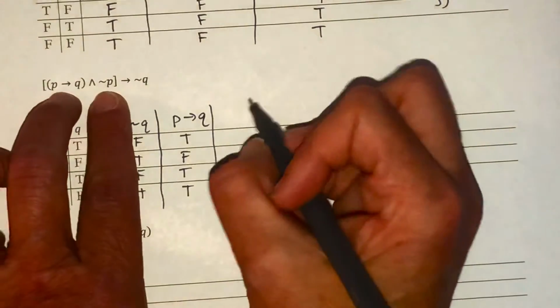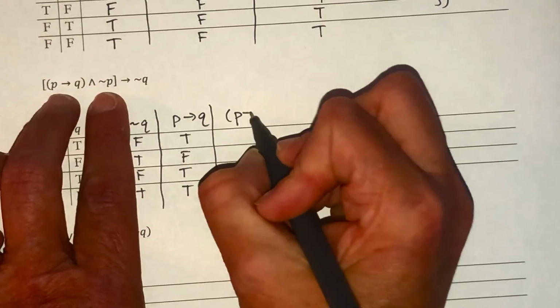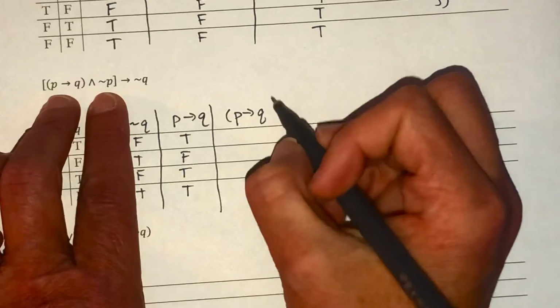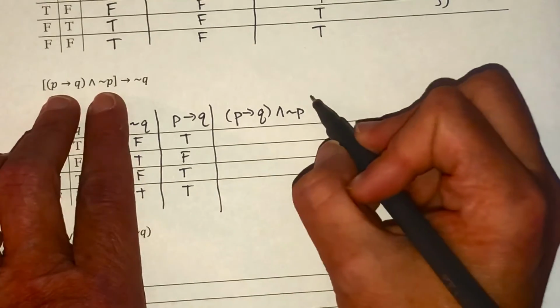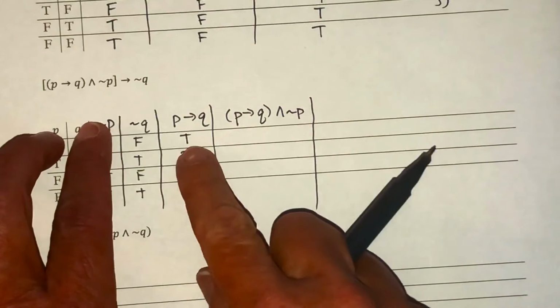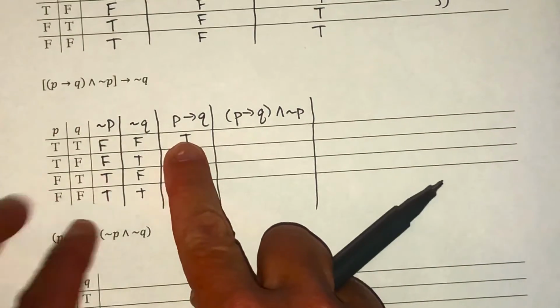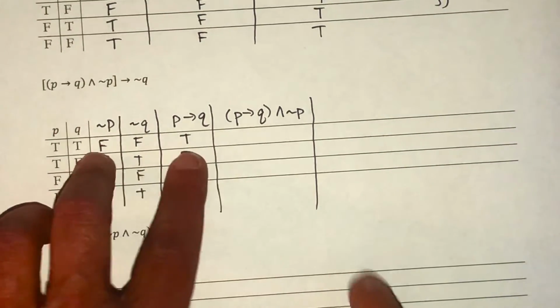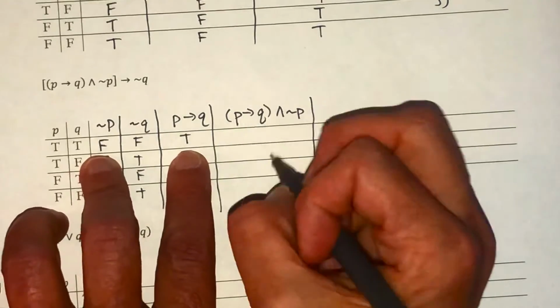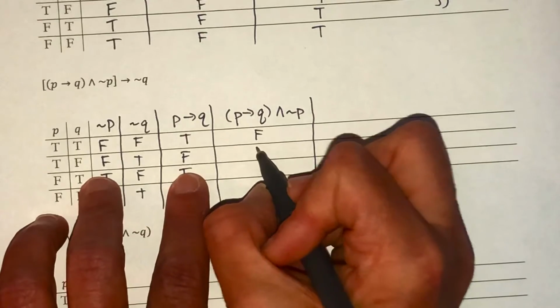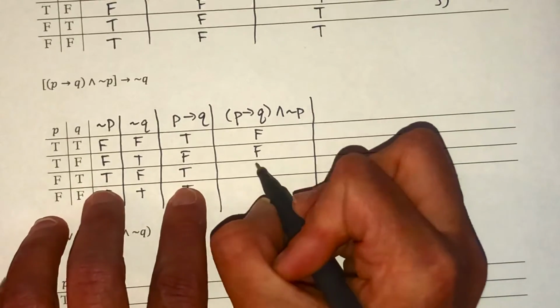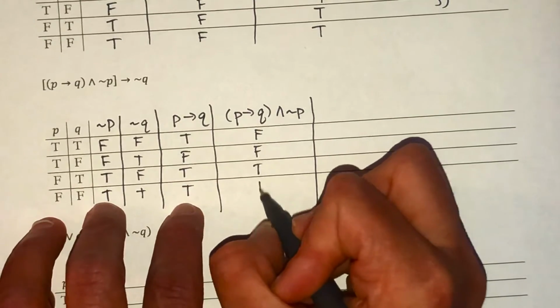Now I'm ready for this part. I have if P, then Q, and not P. So I'm going to AND this column with this column. And with AND, they both need to be true in order to be true. So this one is false, and false, true, and true.